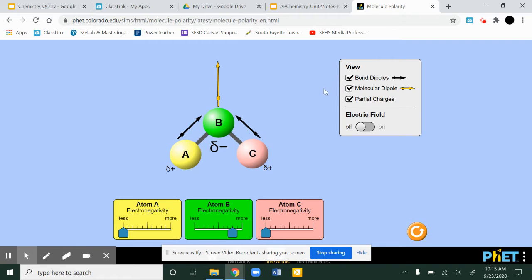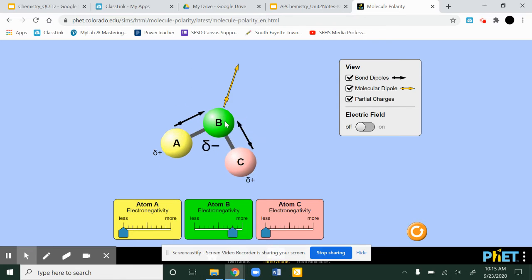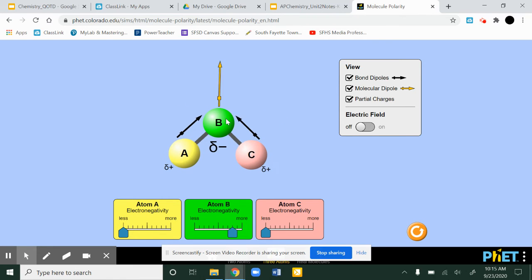I'm actually going to show you another diagram here, and this is just a very simple diagram of a molecule made up of one atom that's very electronegative and two atoms of the same element that are not as electronegative. Now, these individual bonds are polar. If those dipoles all start to point in the same direction, this is something that you'll get to in physics. They're called vectors.